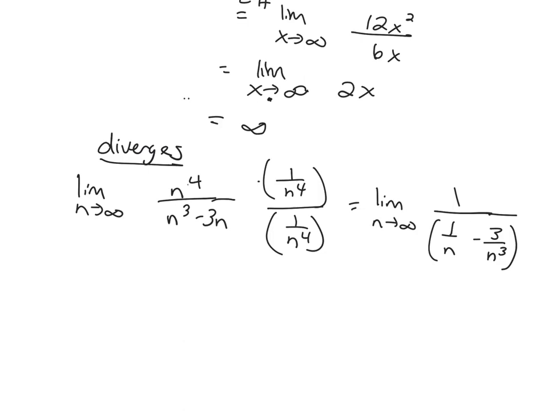Look at each piece in the denominator. What's the limit of 1 over n? 0. 3 over n cubed? 0 minus 0 is 0. So I have 1 over 0, which tells me it's either infinity or negative infinity, but these are all positive terms because n is positive, and so in the end, this is going to be infinity.